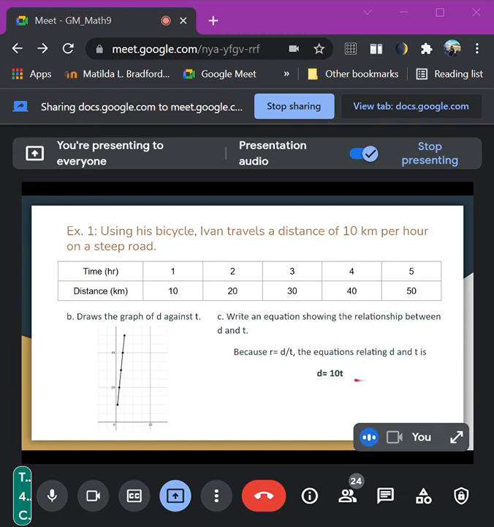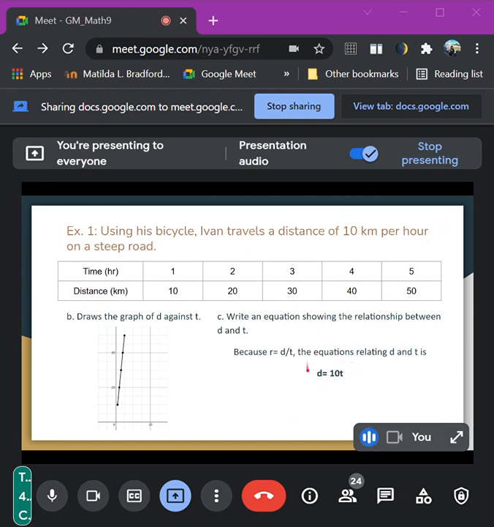So, imo rang i-substitute imuhang 10 didto. And then, your d there is your y, katong nasa gawas. And then, your t is your x. So, your equation will be d is equals to 10 times t. Okay? So, mao na siya ang imuhang equation for this given table using direct variation.